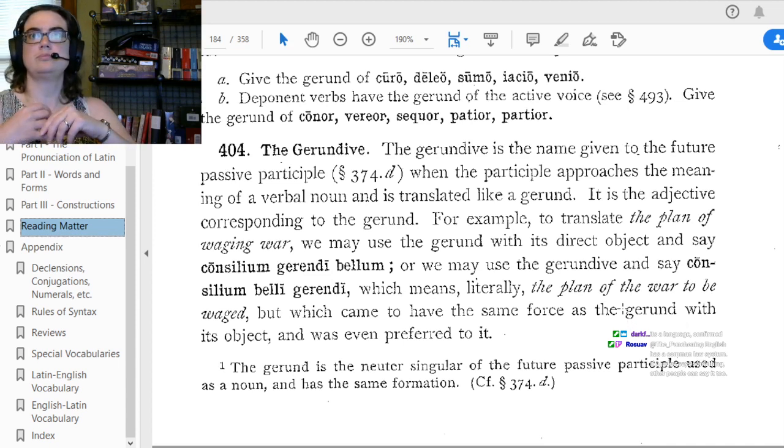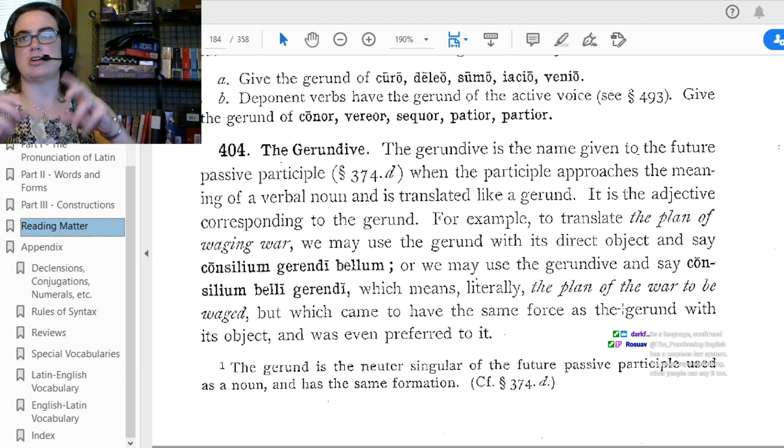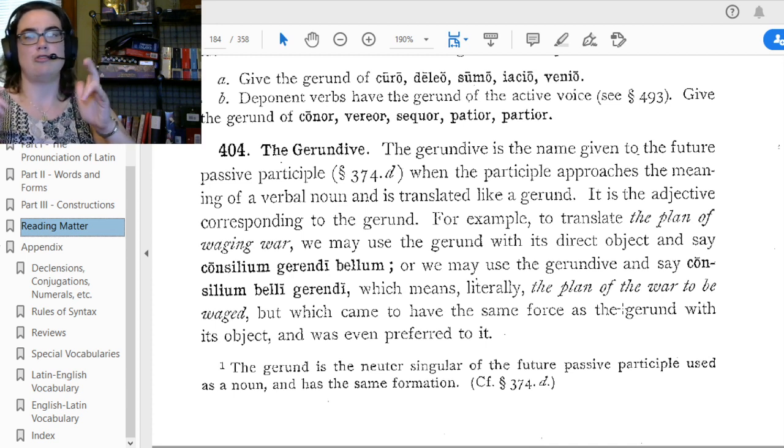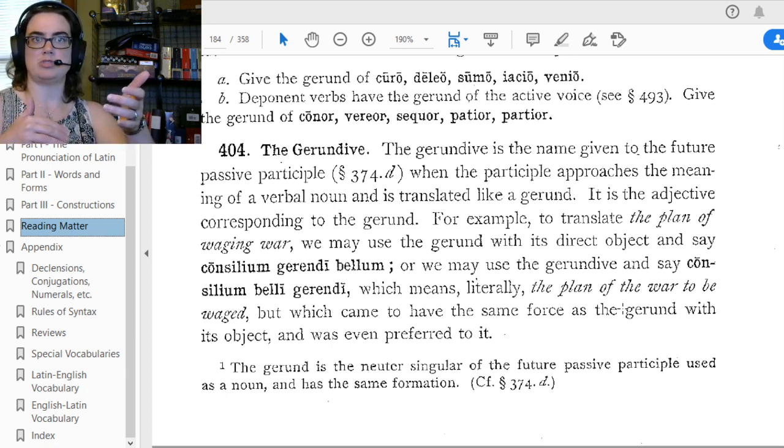So we may use the gerund with its direct object. Consilium gerendi bellum, the plan of waging war. But we can put the object in the genitive and use the gerundive to modify that object.